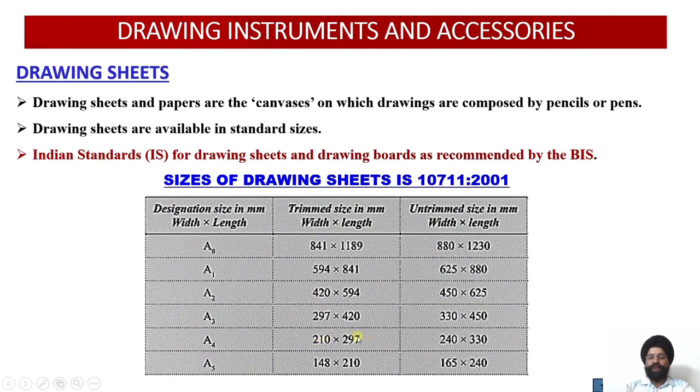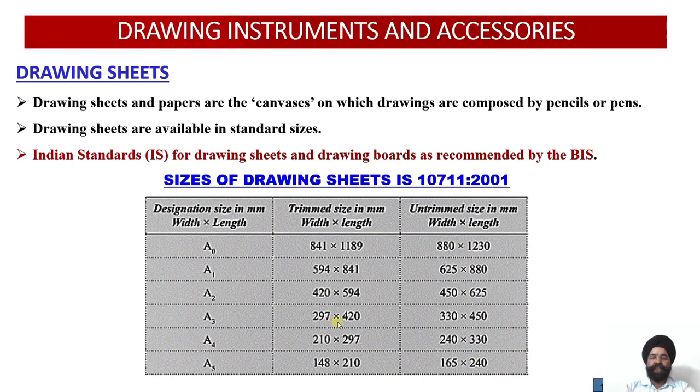If we club two A4 sheets along the smaller side, 210, we get one big A3 sheet. If two A4 sheets are placed side by side alongside the smaller dimension, we get the realization of the A3 sheet.